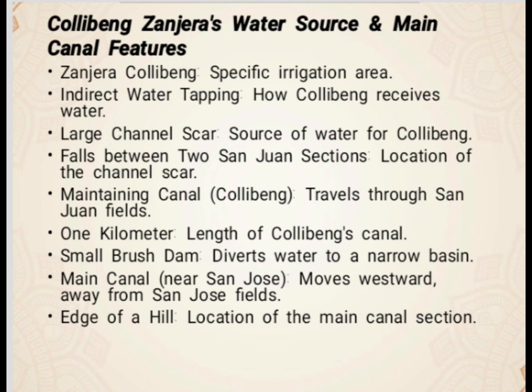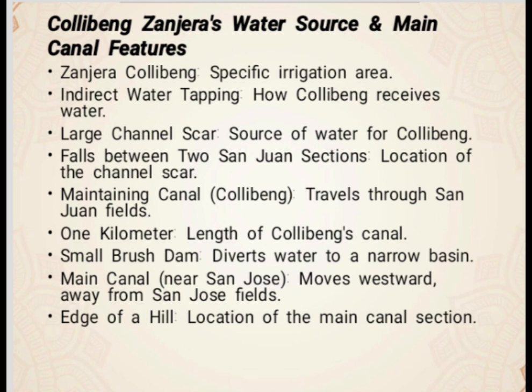So, paano nga ba yung system nag-works or how the system works as depicted? So, water is diverted from the Bacarra-Vintar River at the brush dam into the main canal. The main canal then carries water to various points where laterals branch off. These laterals convey water into specific areas managed by individual zanzaras.